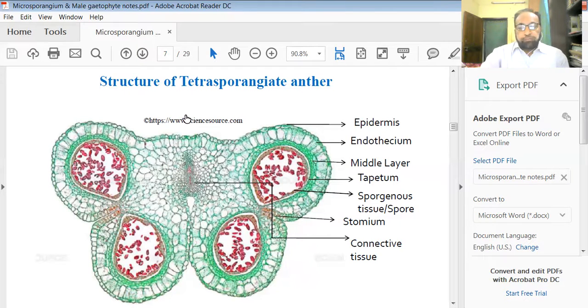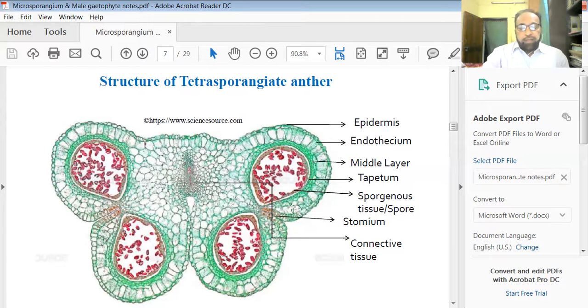Now this pollen sac is present on each chamber, and it is covered by a mid layer, a thick layer present between the endothecium and the pollen sac. Then this is covered with a thick layer called the tapetum, which covers the complete structure of the pollen sac.